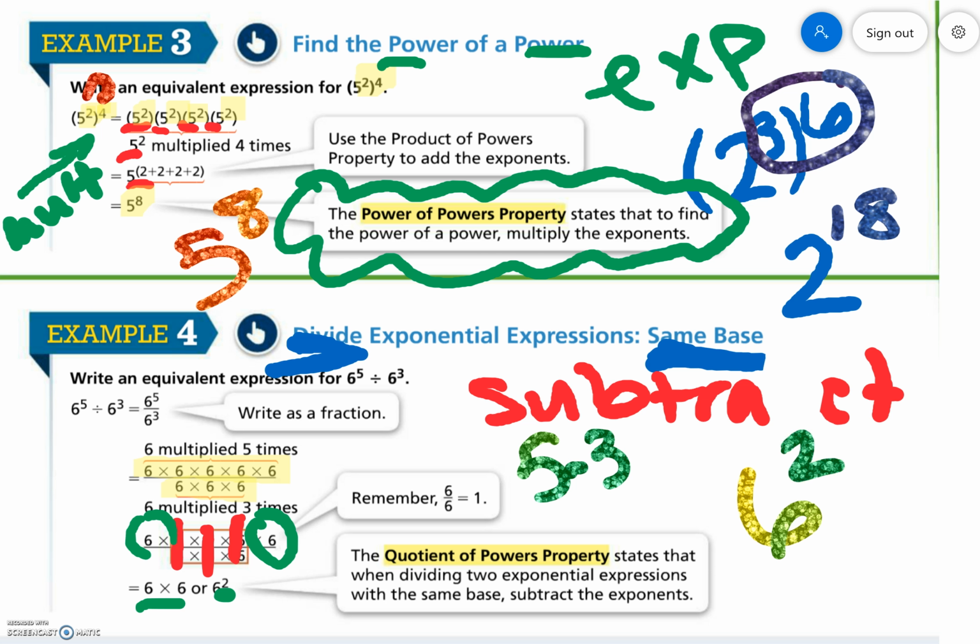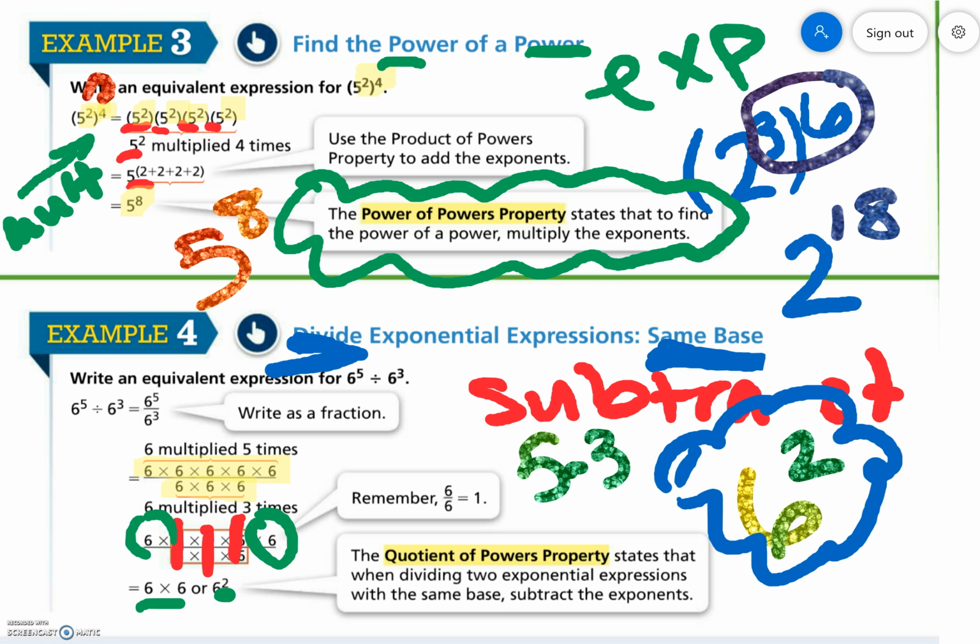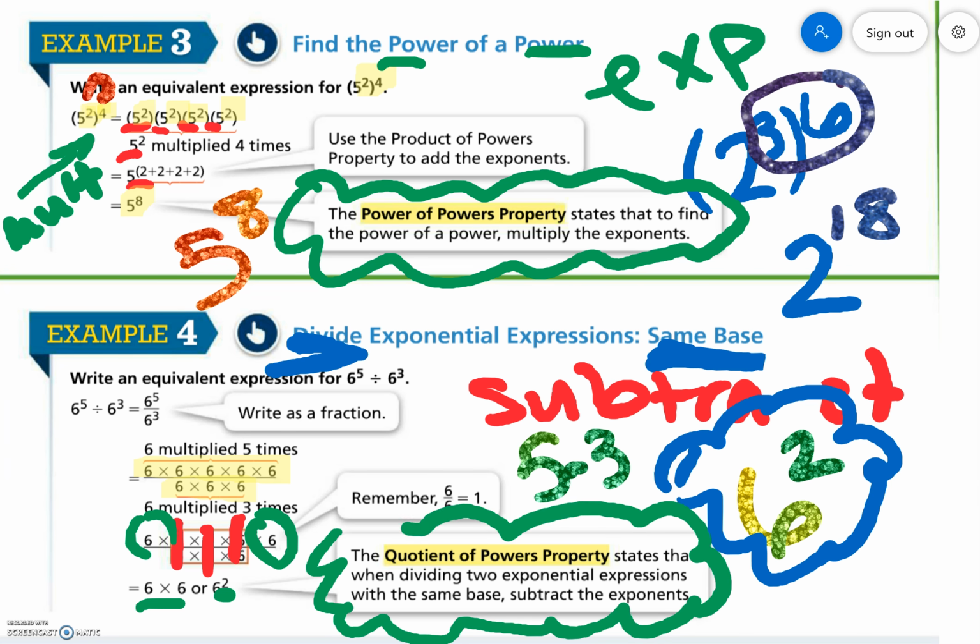That will give you the same answer. So there's the long way and the short way. The long way proves to you why the short way works, which is also called the quotient of powers property. Remember, quotient means divide. So the quotient of powers property states that when dividing two exponential expressions with the same base, you have to subtract the exponents.